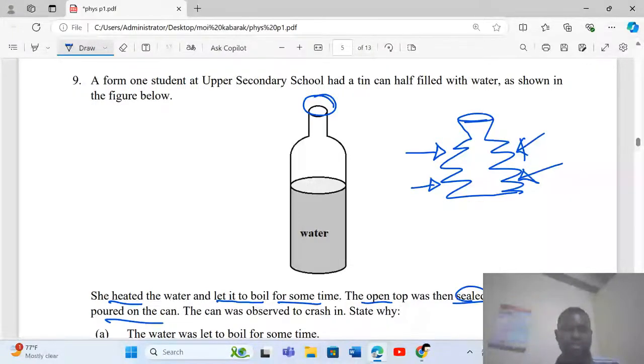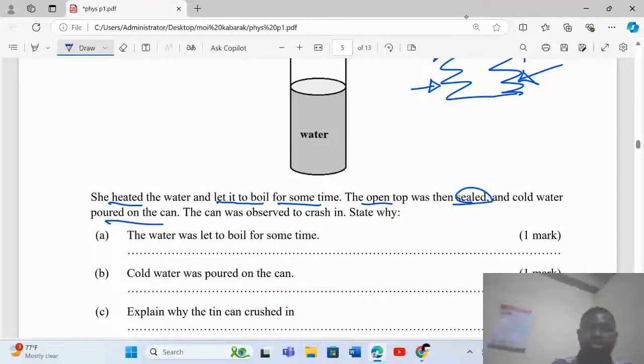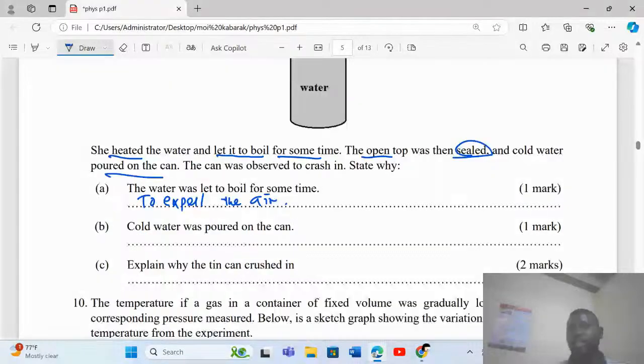Therefore, why was water let to boil? One was to expel the air. Boiling will produce some steam.